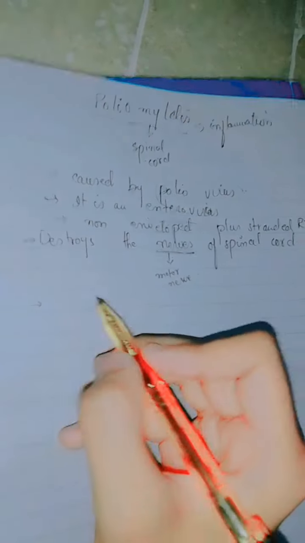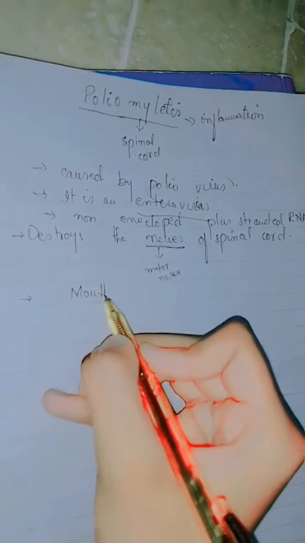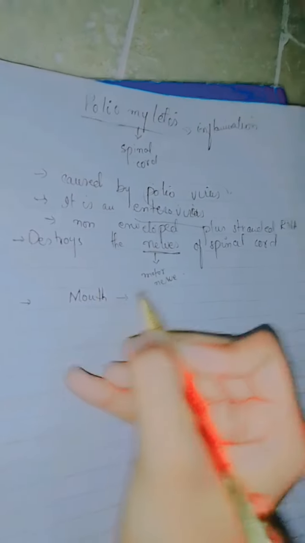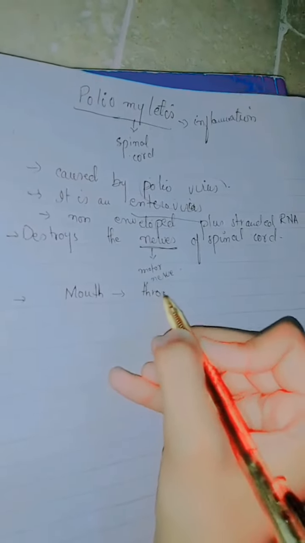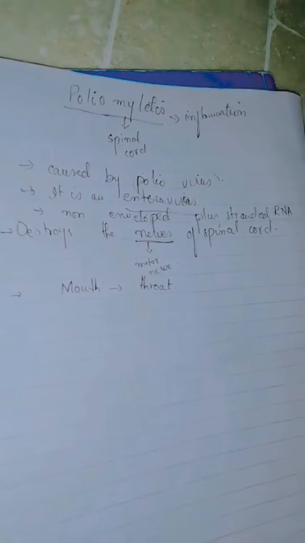Here, the polio virus basically enters into the mouth, then it leads to the throat, and the throat is covered by a mucous membrane, so it will multiply there.